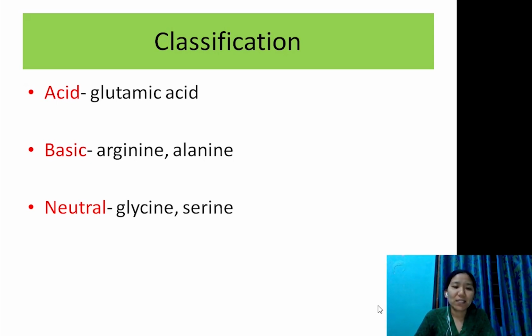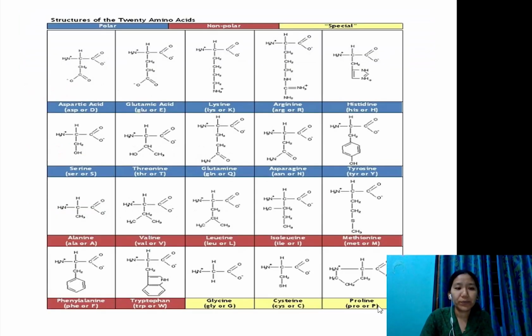Acidic amino acids have a higher amount of carboxyl group, basic amino acids have a higher content of amino group, and neutral amino acids have the same number of amino and carboxyl groups.